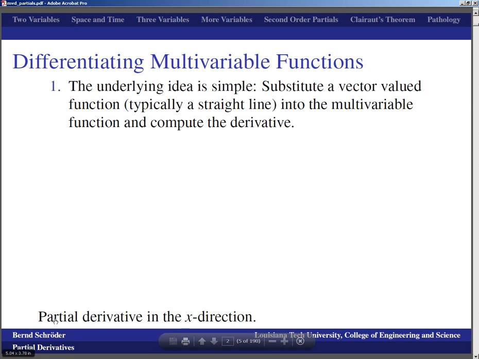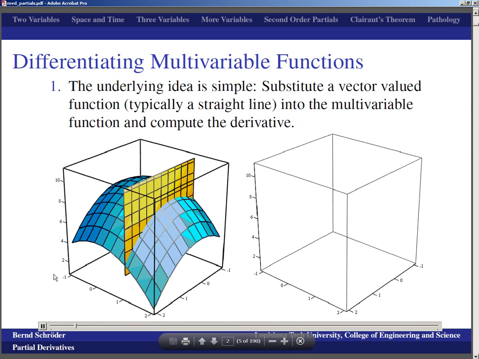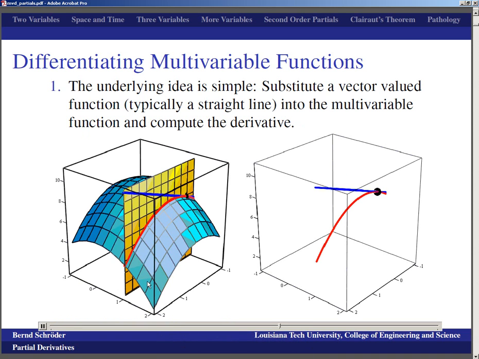So if you want to look at that in two dimensions, well, here's a function of two variables, right? And if we substitute a straight line into that function, then basically what we do is we take a slice of the function, and that slice then, of course, gives us a graph that looks just like the graph of a function of one variable, like here.